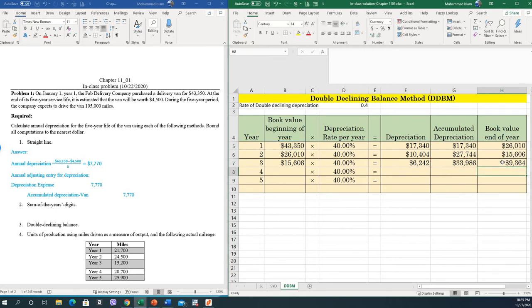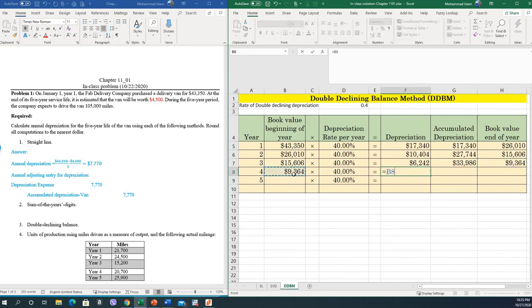Okay, so 9,000. And now here is the trick. So we know that we have to maintain a residual value at the end of the useful life of the asset. Okay, so let's see, the fourth year's beginning book value would be this one, and now what is the depreciation?